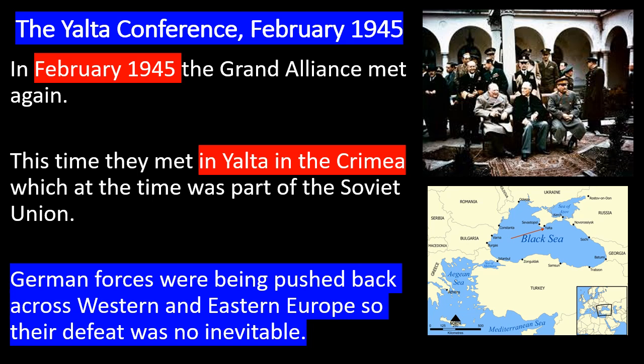At that stage, Germany wasn't defeated, but they were certainly on the run. They'd been pushed out of the Soviet Union, more or less pushed out of France, and were in retreat. And anybody with any military knowledge could have told you that there was no chance of Germany fighting back unless they developed what Hitler was trying to develop, which was super weapons. Okay, and he did try.